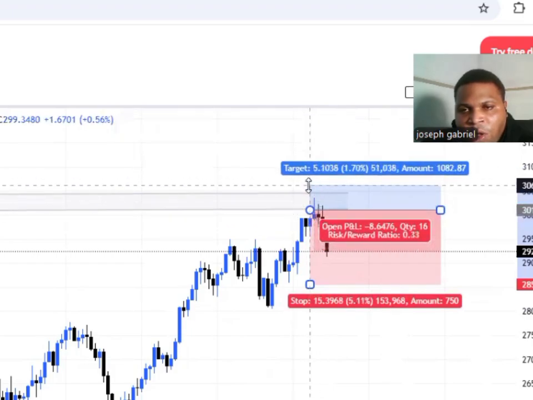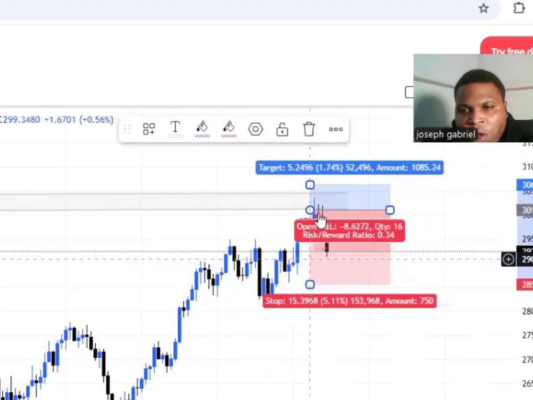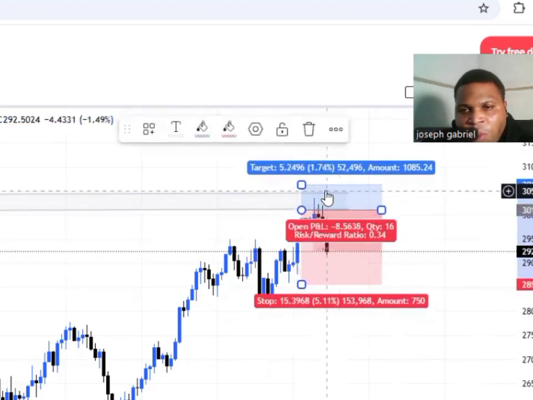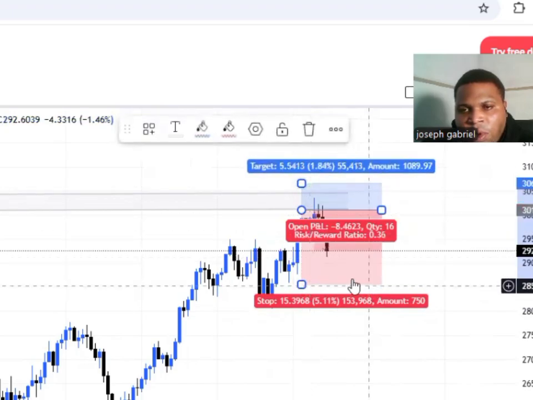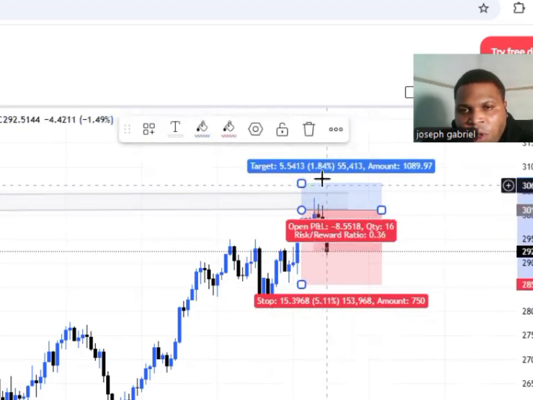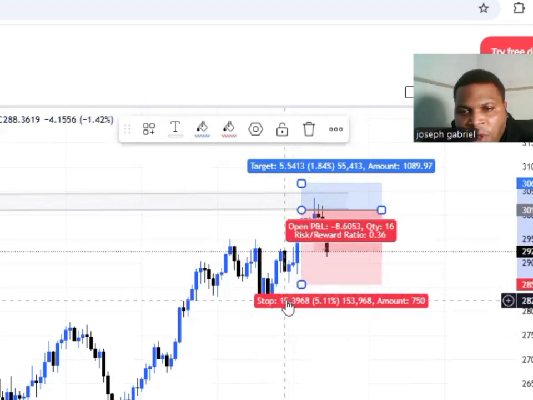It helps to checkmate your stop loss, your risk to reward, using the stop loss order. So this helps you in checking your stop loss and also your take profit.